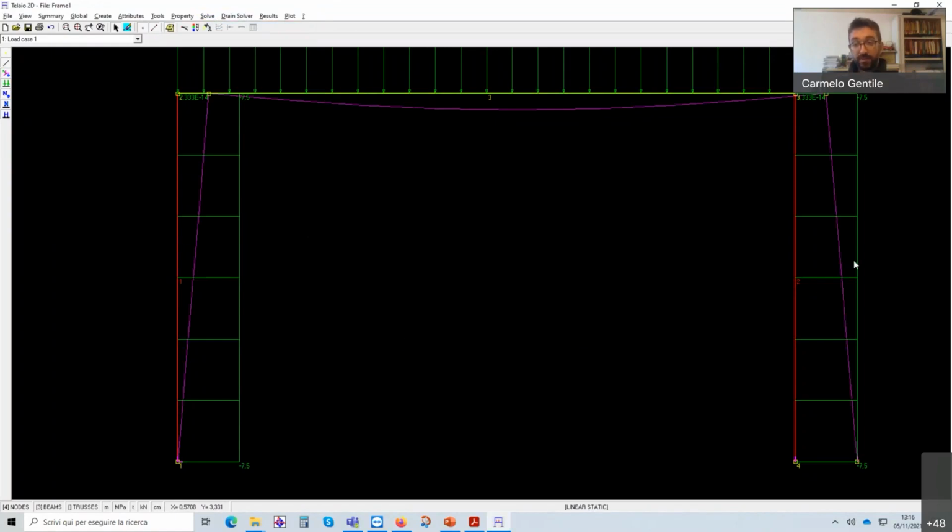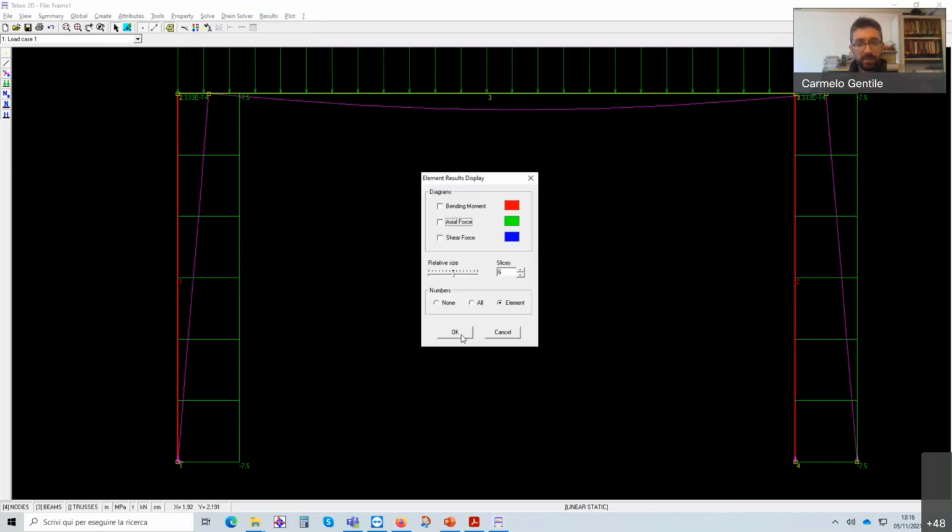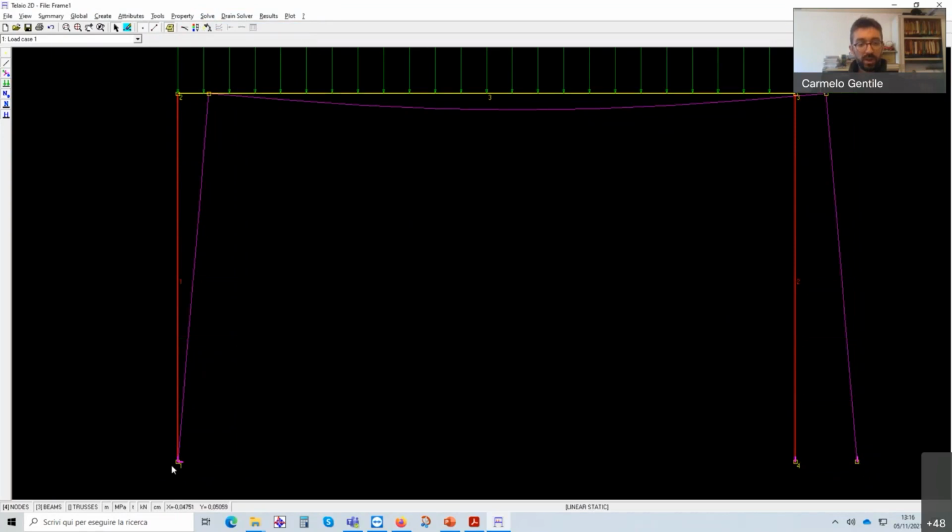That's what we find. Okay, we expect something like that, because we have this beam that tends to bend under the load. If it bends, it means that in the first node and in the second node we will have a rotation.